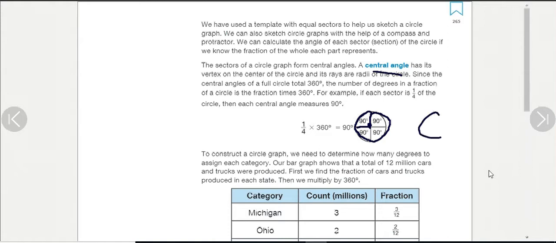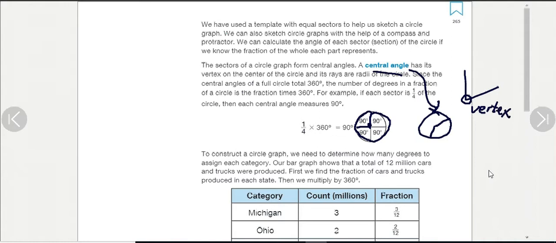So this would also be a central angle, right in the center, and these are each good radii, right? It's not the same size as this one was, but this is called a central angle because the middle is where the vertex is. Remember, a vertex of an angle is where the lines meet. That's the vertex. Good terminology. That's what a central angle is.